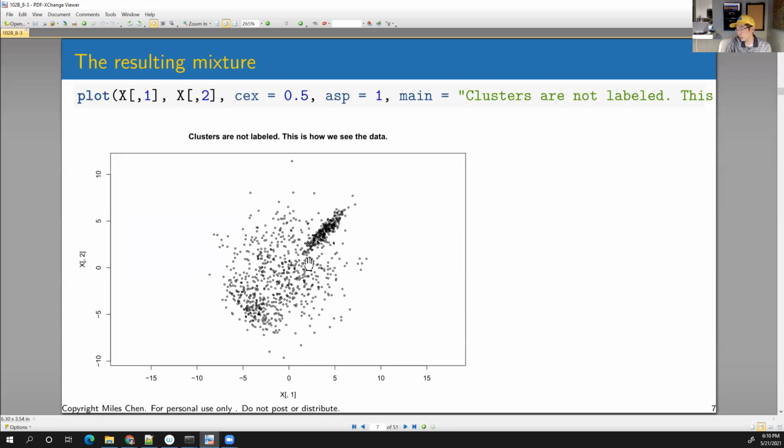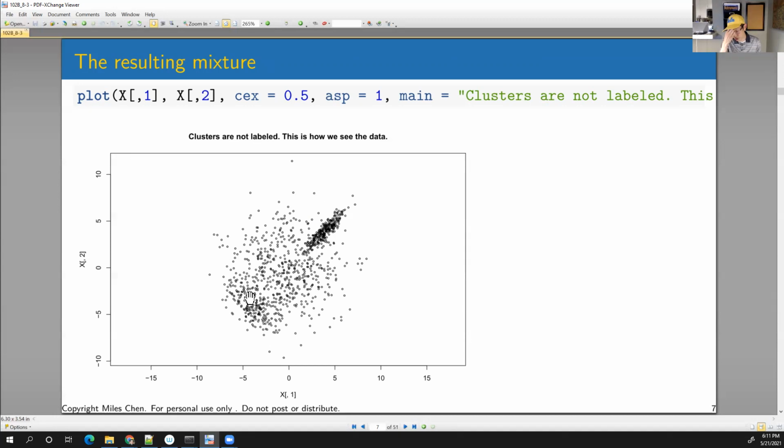This is the plot of just the X1 and X2 coordinates. This is just how the data is going to appear, and here the clusters are not labeled. This is just how we see the data, in variables X1 and X2. Now, we generated the data, so we know which cluster each of these observations belongs to.